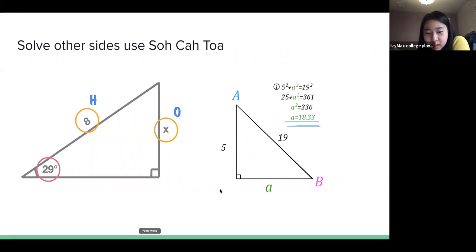So that works like sine 90 over 19 equal to, oh yeah, never mind, you cannot use that, because you don't have the angle right here. You don't know those two angles, so never mind.